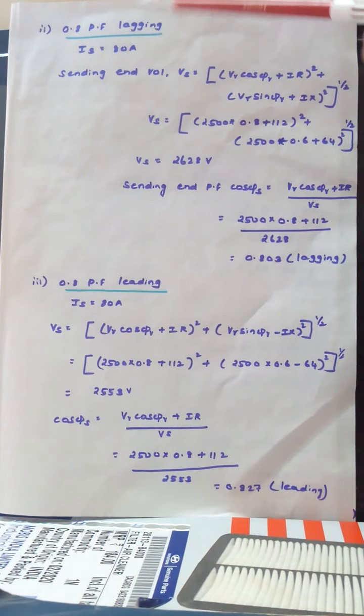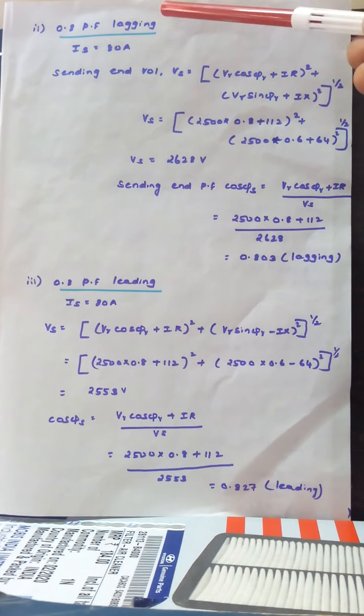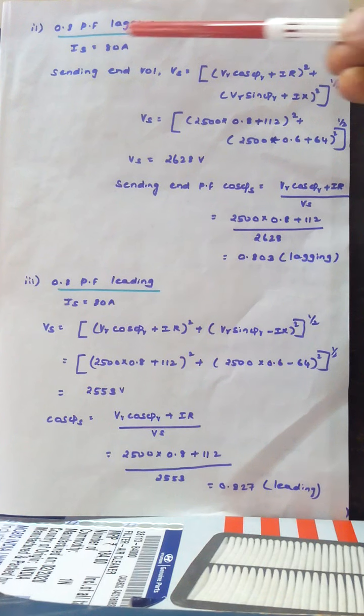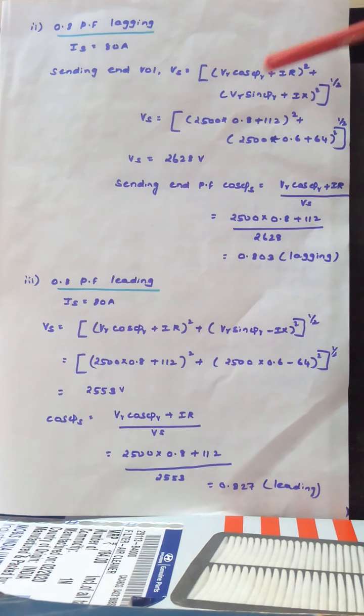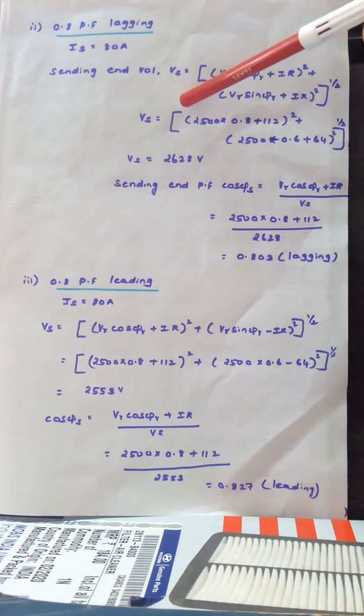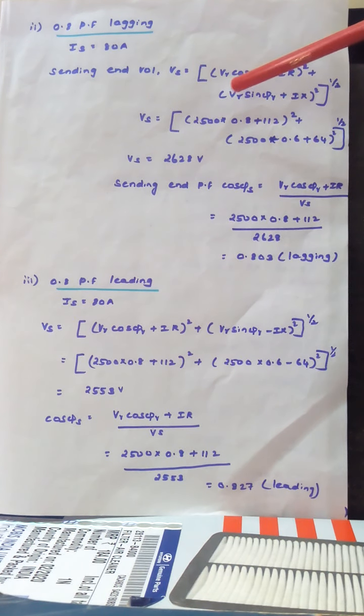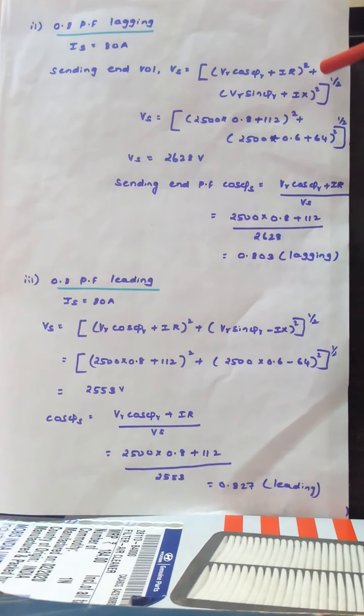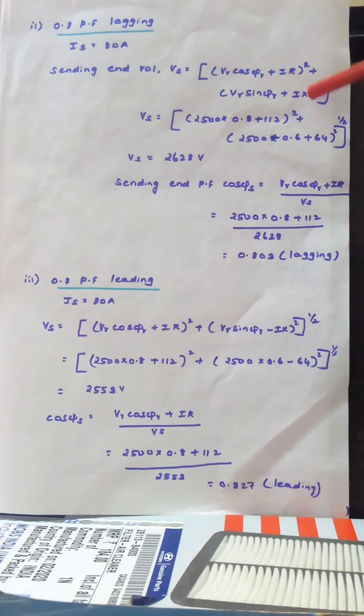Case 2, we have to find out for 0.8 power factor lagging. For the lagging power factor of the load, from the phasor diagram we got the approximate value of the sending end voltage, that is Vs equal to the square root of (Vr cos phi r plus Ir) the whole square plus (Vr sin phi r plus Ix) the whole square.